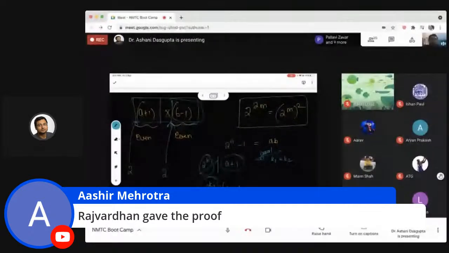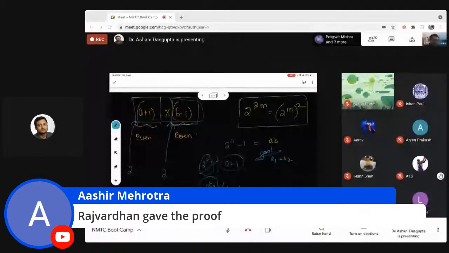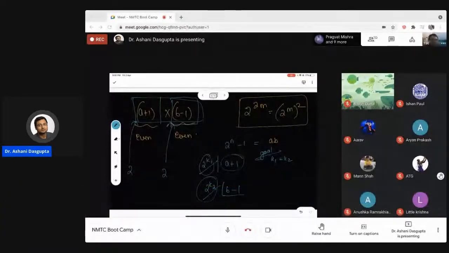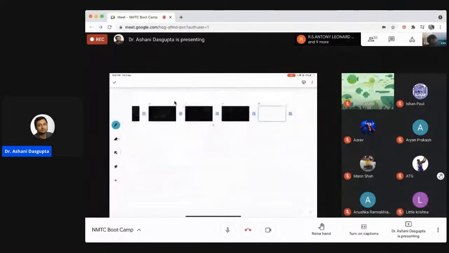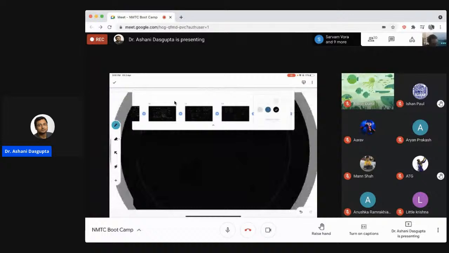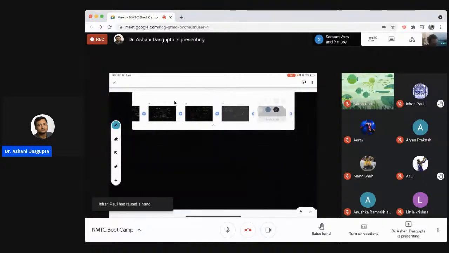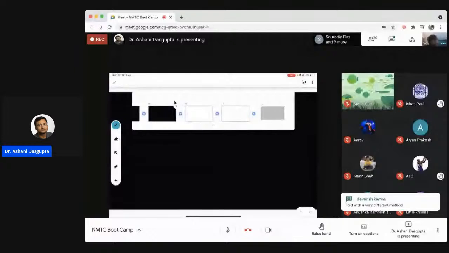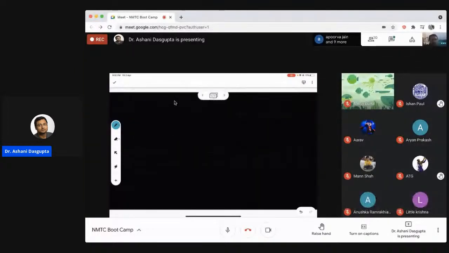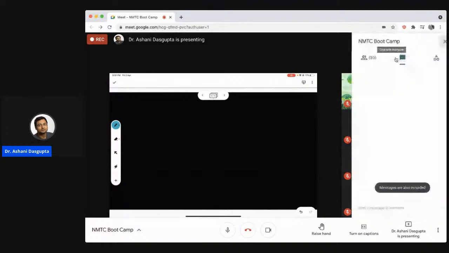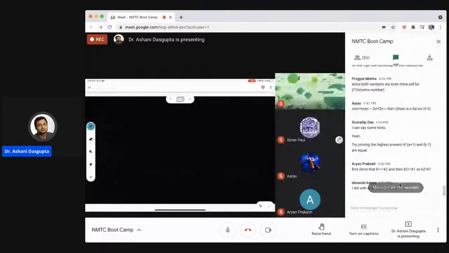If you just looked into the solution, it makes sense to try it. Okay, Devansh is saying I did it with a very different method.